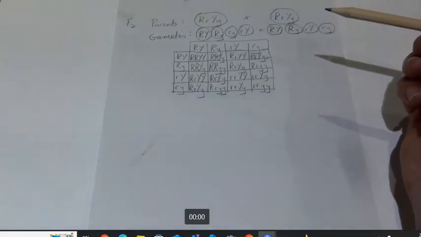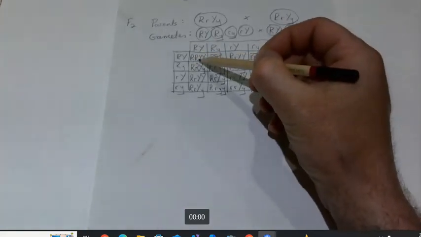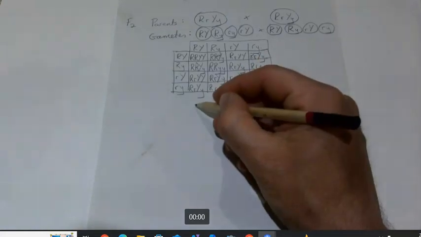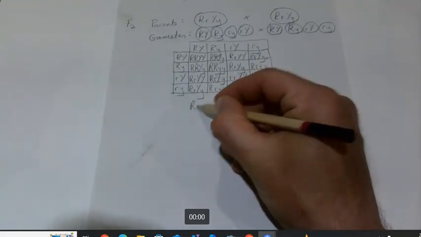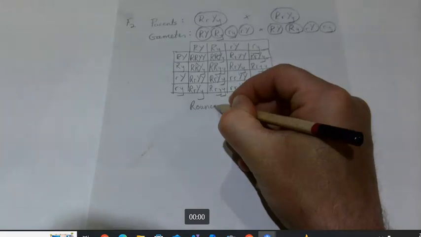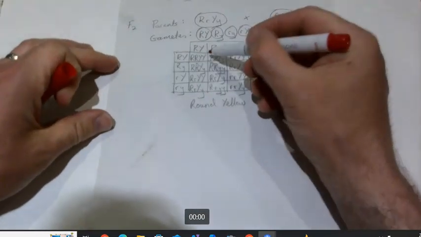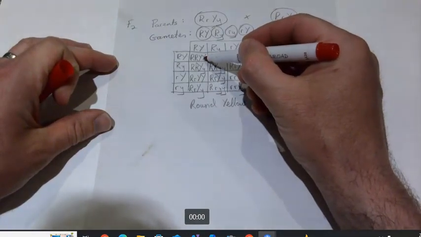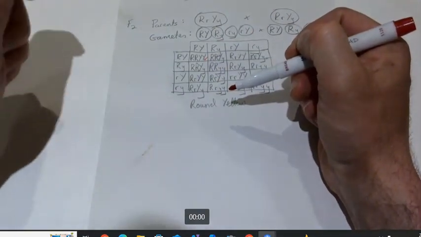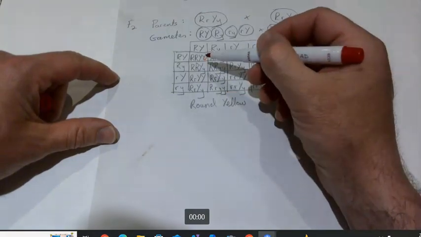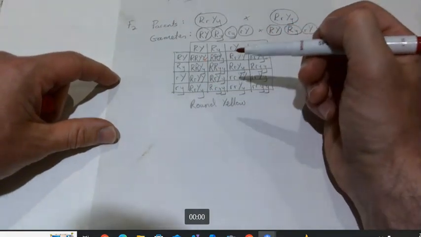I'm just going to do a little bit of color coding here. The first one up here is homozygous dominant, so that's obviously going to be round yellow. Let's see how many round yellows we have. We'll just use a marker on this. Once we have a capital R and a capital Y, it's going to be round yellow.